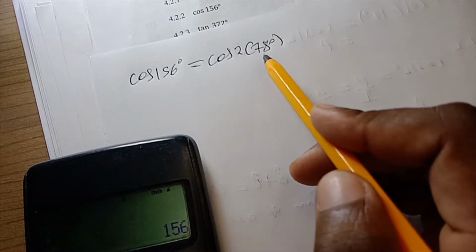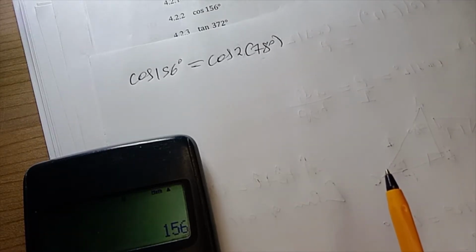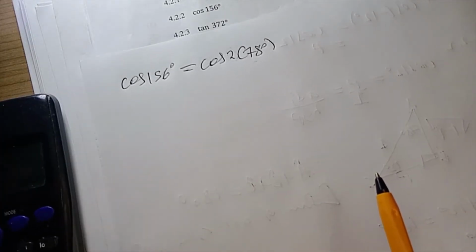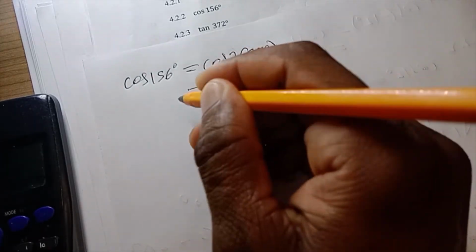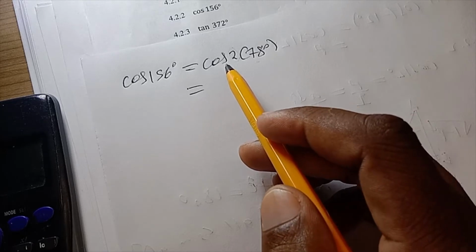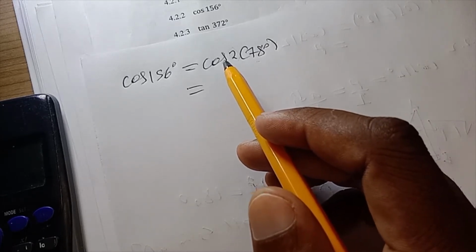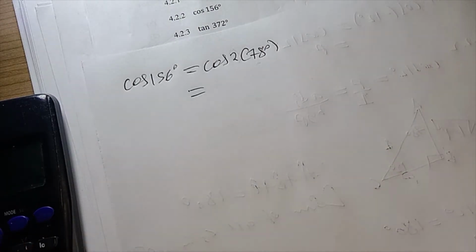Why 78? Because my 78 is a special angle in my right angle triangle, okay? Then here it means I'm having a double angle, okay? If I remember very well, the double angle for the cosine has 3 options, okay? So you decide which one you want. Where are they?